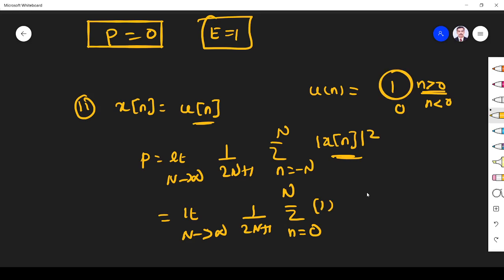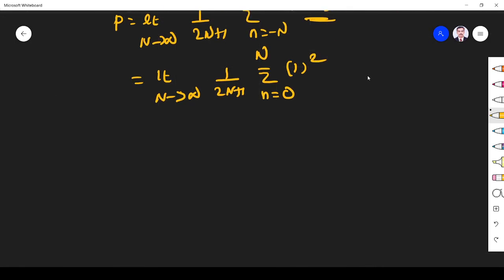So x of n is nothing but u of n square, which is 1 square. Hereafter it is very simple. We know the equation, summation n goes from 0 to n of 1 is equal to n plus 1.